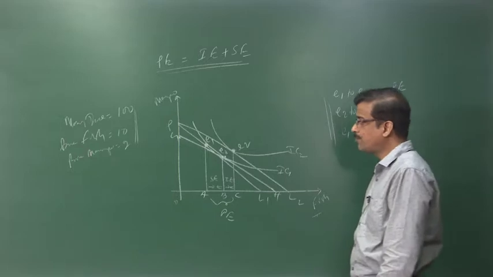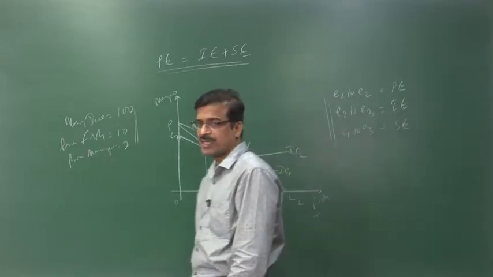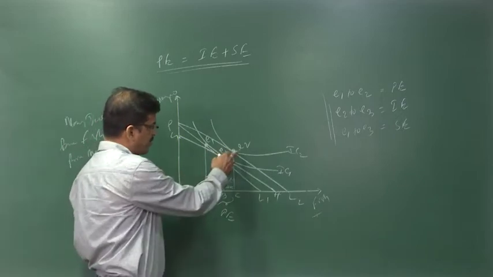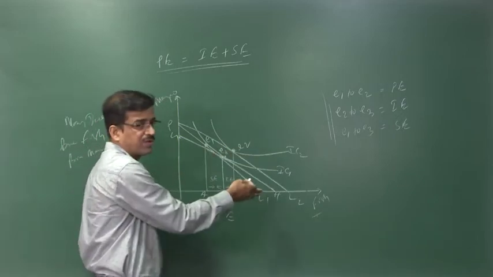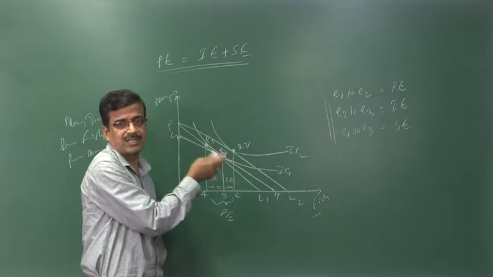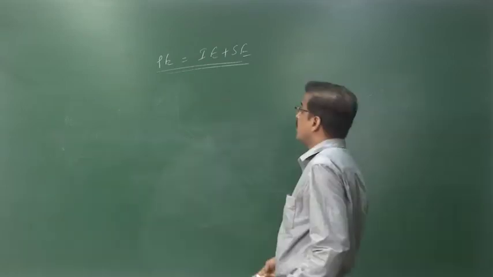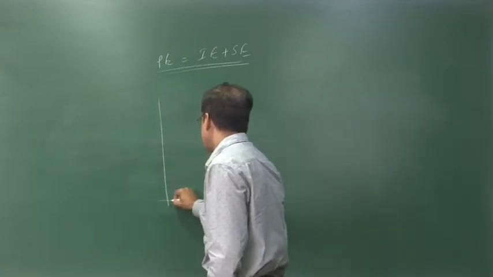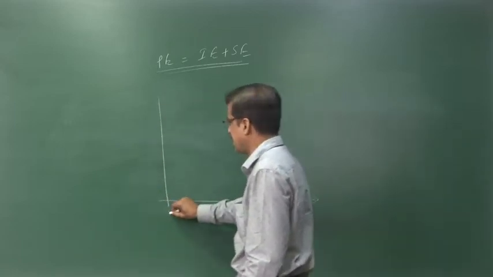Now, after knowing it, we have to move to the next case. It is not always so that the second point of equilibrium moves to the right and below. It may be in any direction. I have to show you how. Let us say here is the horizontal axis and the vertical axis.